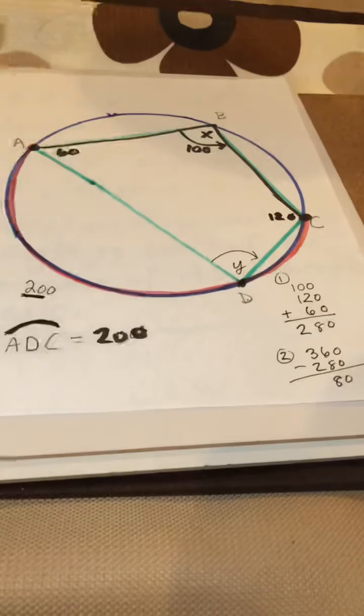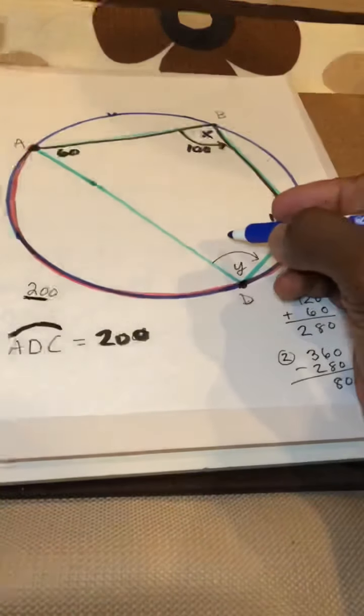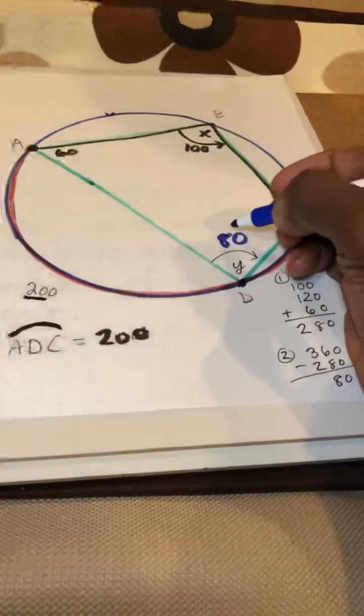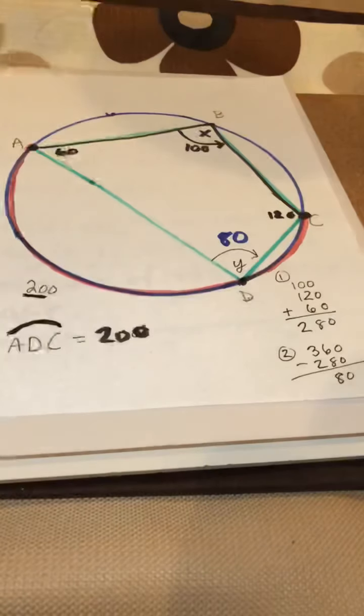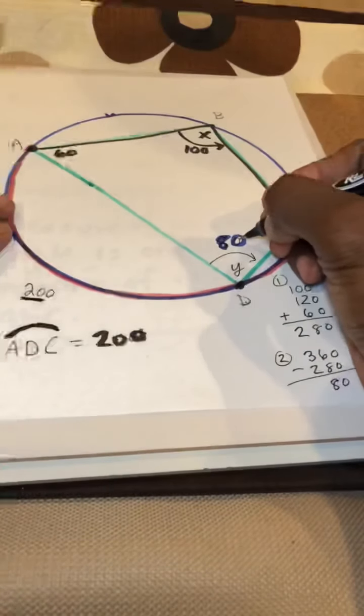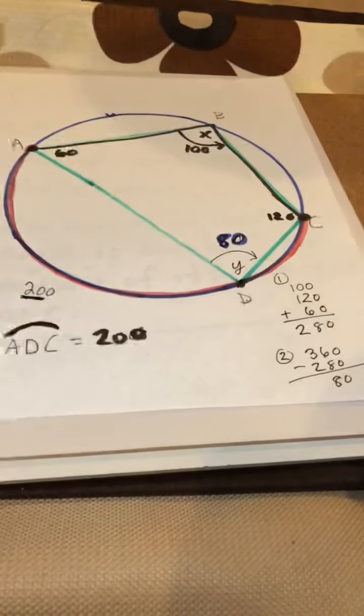So if I was giving you a question, asking to find the measure of y, or x and y, then you have to use two steps. I'm sorry, I didn't make that mess again. So this would be 80, okay? 80 is your answer, okay?